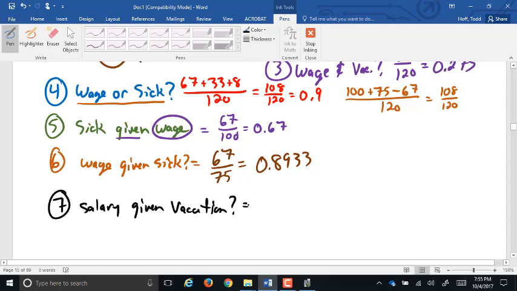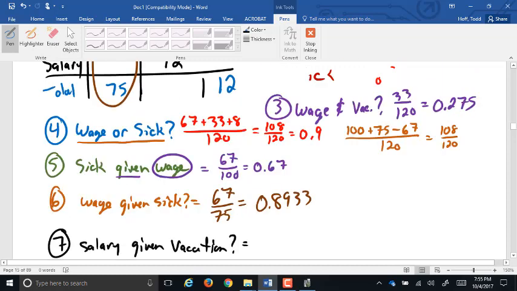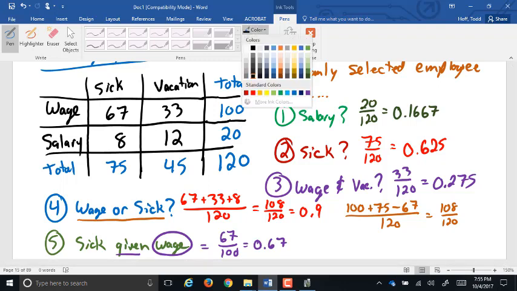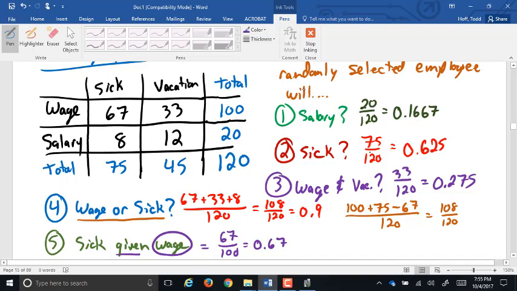What's the probability that a randomly selected person works on a salary given that we know they use their time for vacation? I'll give you guys about a few seconds to figure this one out. We'll discuss it. So probability that they work on a salary given they use their time for vacation.